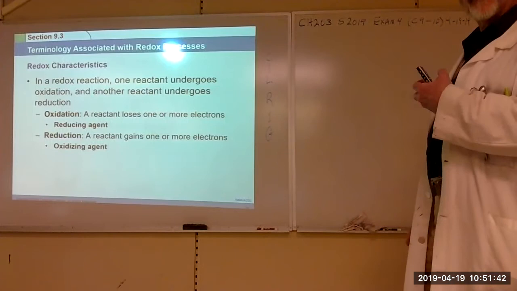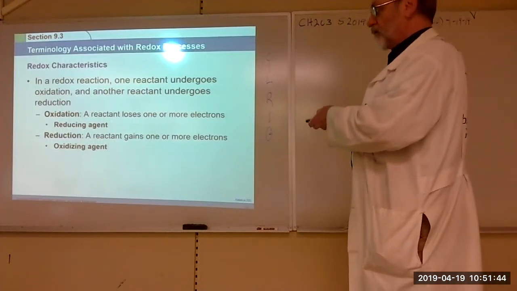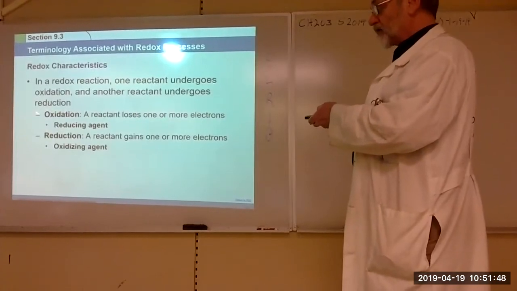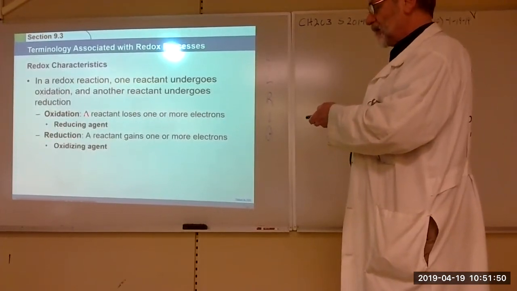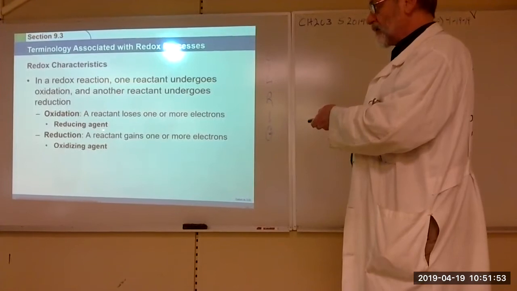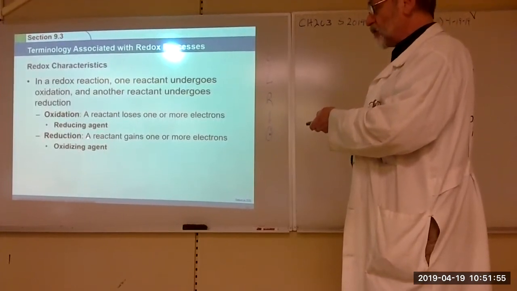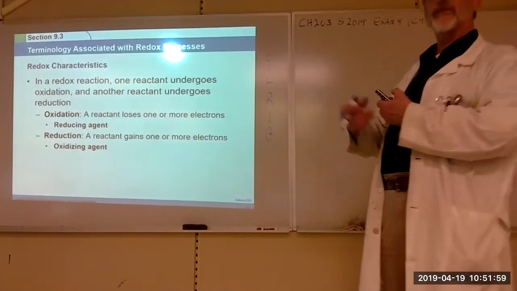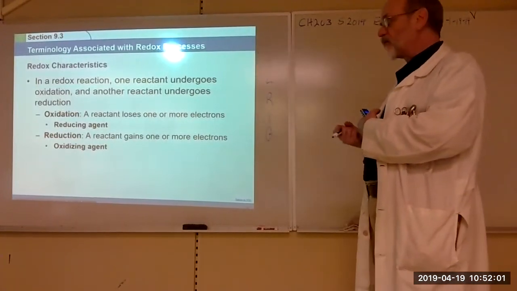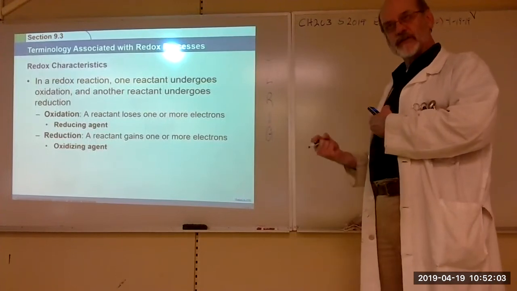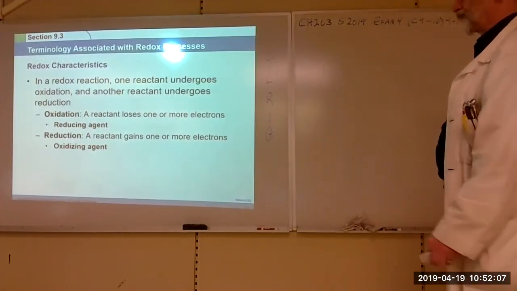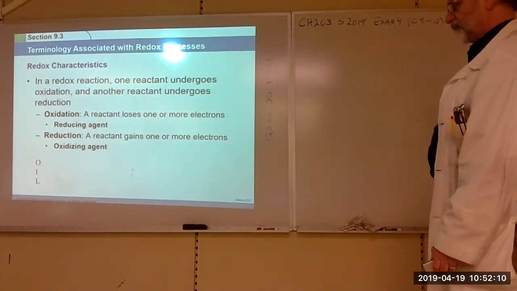That is, it is the one that supplies electrons for reduction of the other one. Right, so if you've got something that's being oxidized, then it becomes the reducing agent, and anything that's reduced becomes the oxidizing agent, because it's the one that accepts the electrons and draws them away from the other one, causing its oxidation. There's your oil rig.